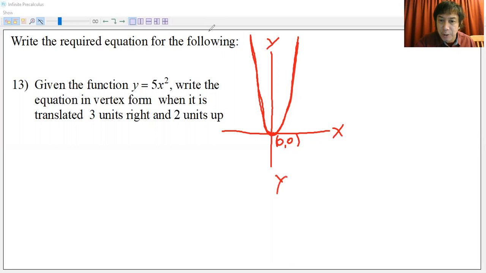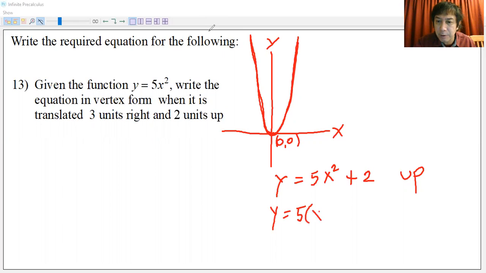this is it. If you start with the given 5x squared, to move this up, we add 2. Like that. This is moving up. All right. Now, to translate that 3 units to the right, it will be like this. 5, and then you have x squared plus 2.